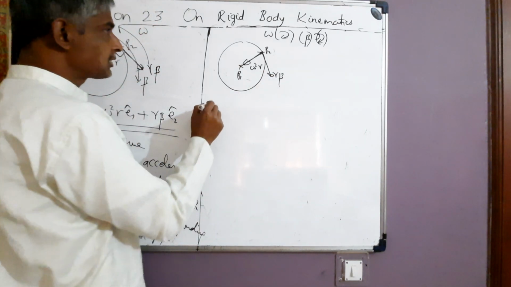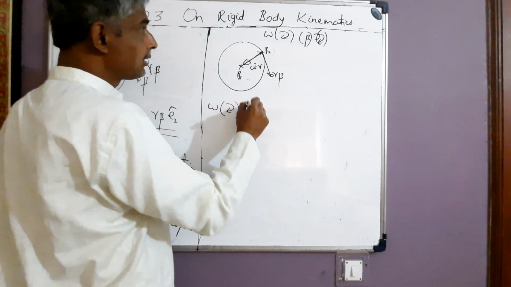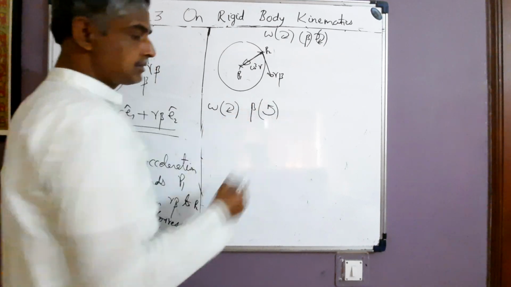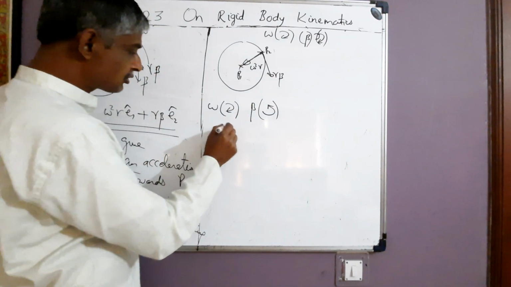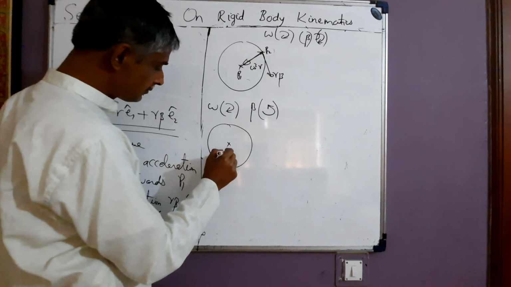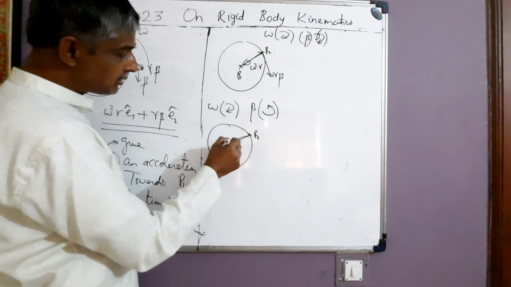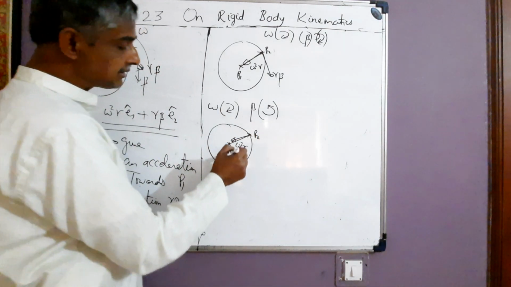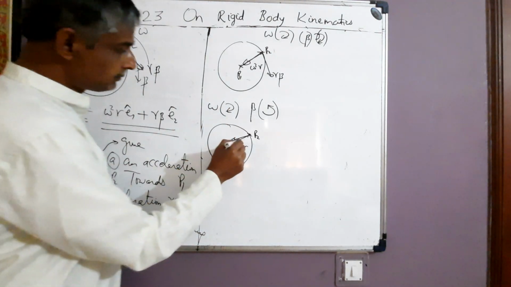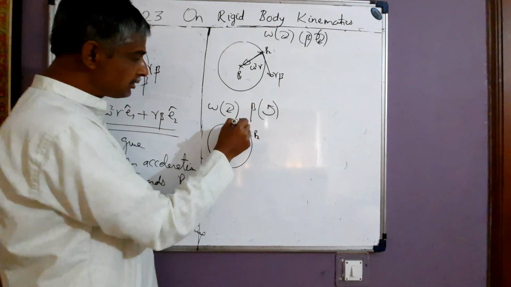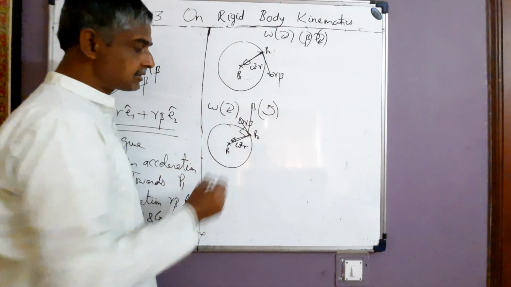Now suppose omega is clockwise, beta is anti-clockwise. This is the situation, something like this. Omega square is still towards P1. It has nothing to do with the sense of omega. And r beta in this case will be in this sense, like this.